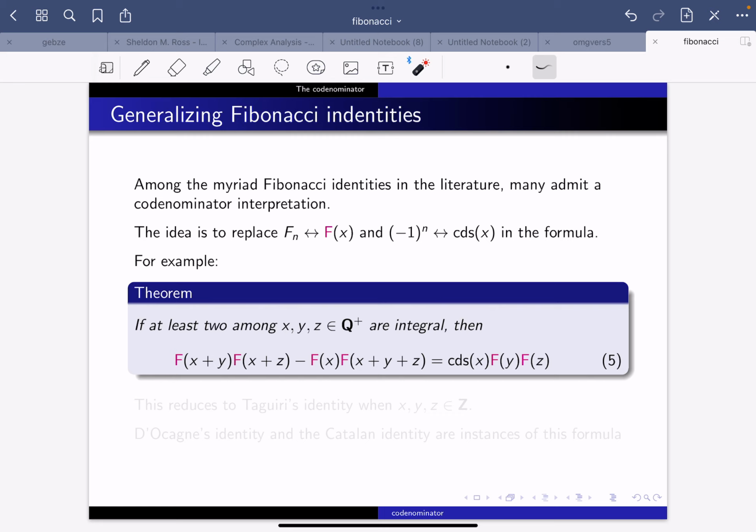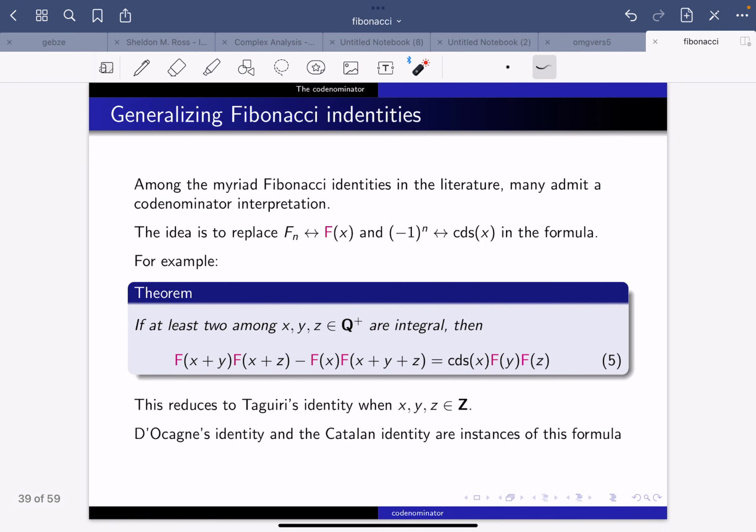Suppose that at least two of x, y, and z are integral. Then we have f(x+y) f(x+z) - f(x) f(x+y+z) equals the codiscriminant of x times f(y) f(z).